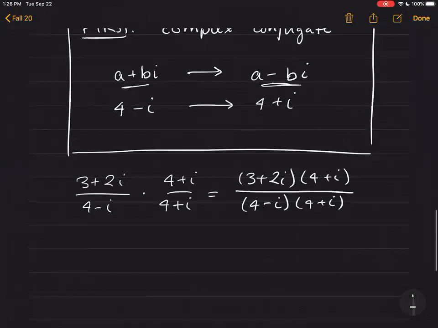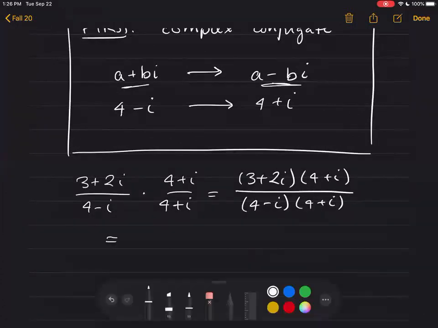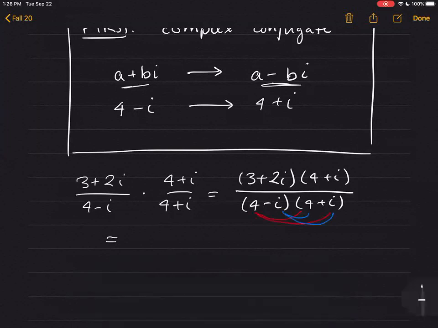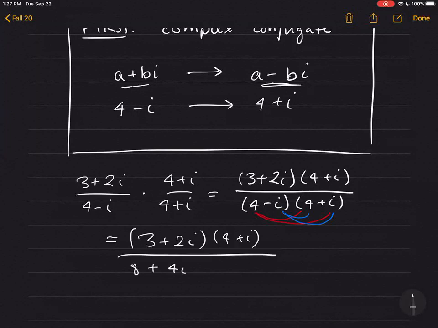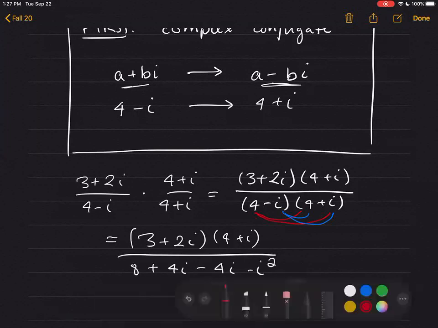And then we can distribute this bottom one like that. And you get 3 plus 2i times 4 plus i on the top still. And on the bottom, you get 16 plus 4i minus 4i minus i squared. You're like, oh, would you look at that?